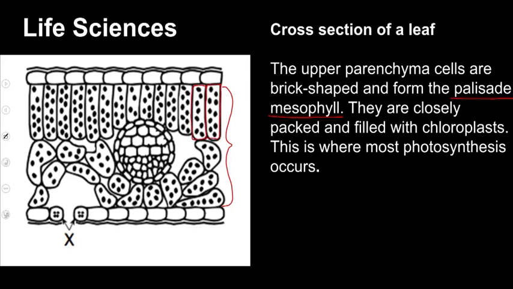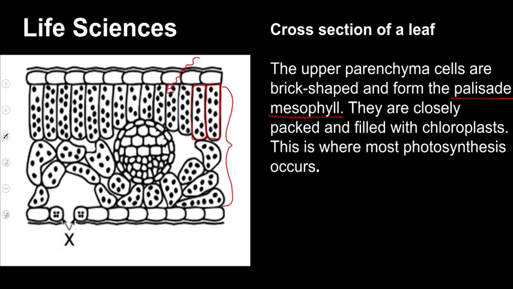They're full of chloroplasts because their function is maximum photosynthesis, because that's where the sunlight comes in from here and falls on those leaves. The bottom cells, they don't get sunlight.